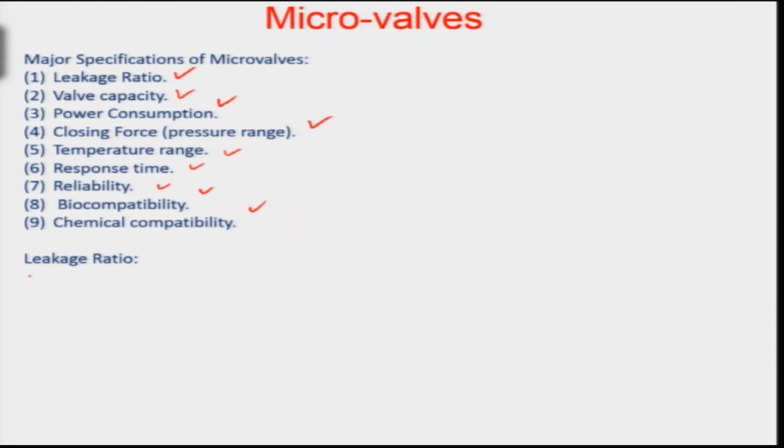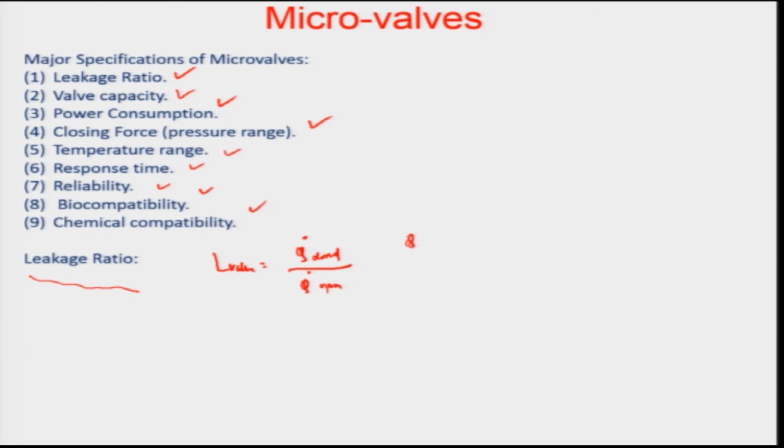So the leakage ratio here, for example, L valve can be given as a ratio between the rate of flow when the valve is in its closed position per unit the rate of flow when the valve is in the open position.